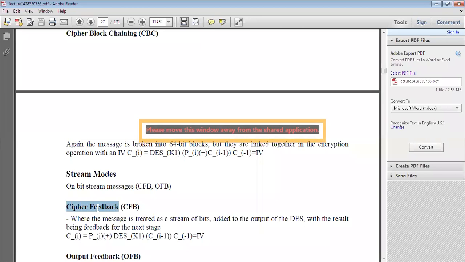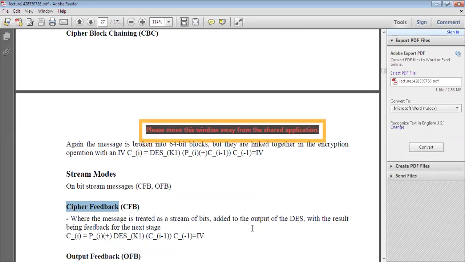Cipher feedback mode: the entire message you treat as a stream of bits. For example, ABC is the plain text. Whenever you want to give this input to the encryption algorithm, first you have to convert ABC into a stream of bits, represented as a stream of bits.